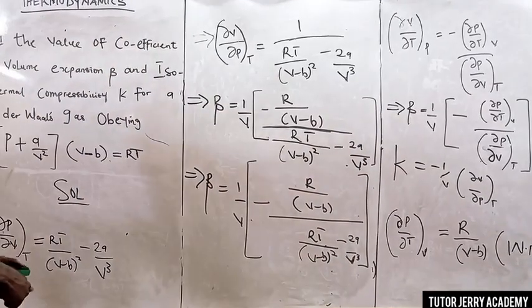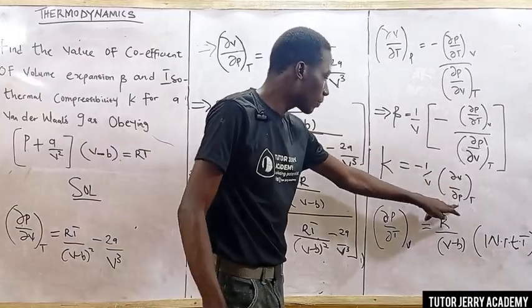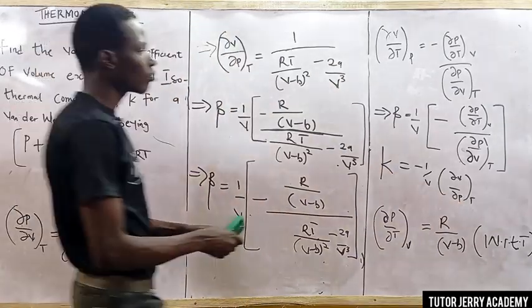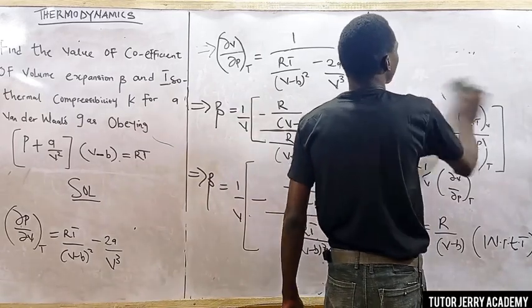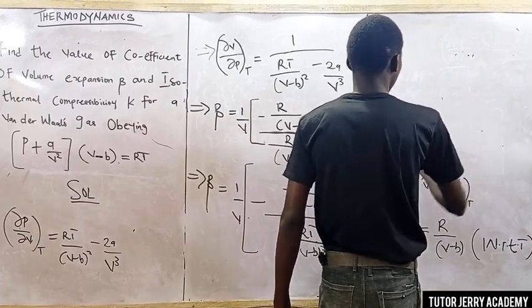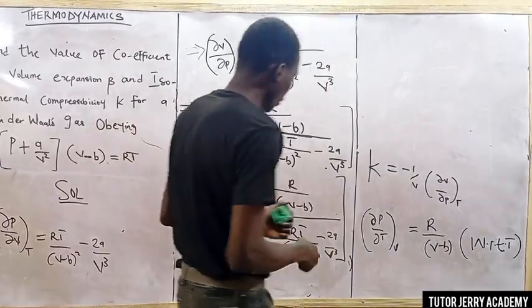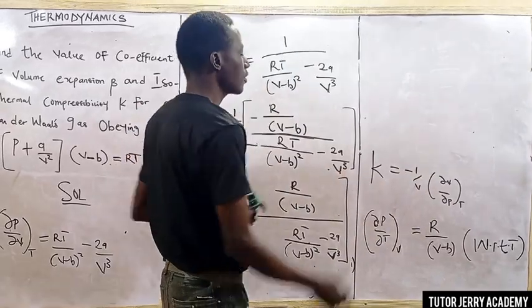Similarly, we are going to be substituting the value of the partial of V over P, keeping T constant, which is this, into this equation.